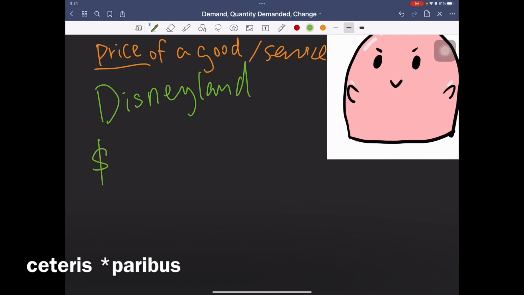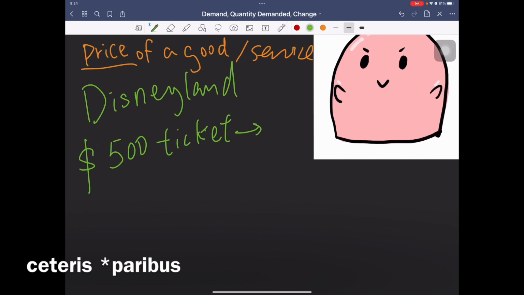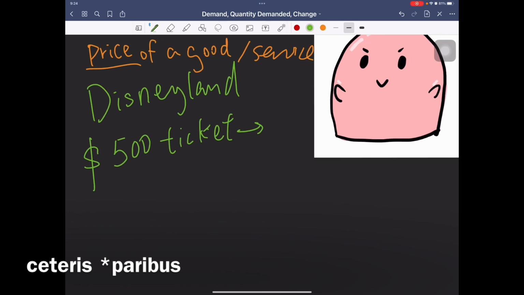When the price is $500 per ticket, let's say for me, I would go there once per month.